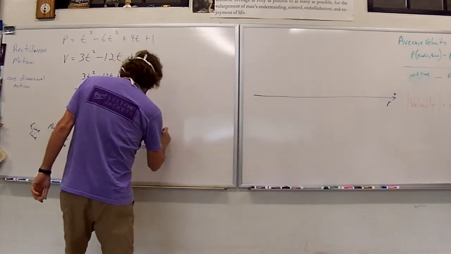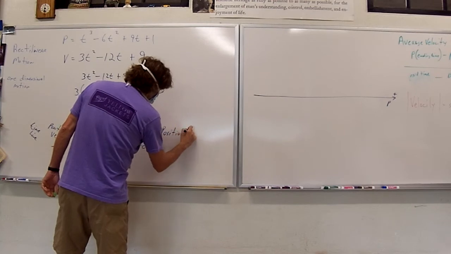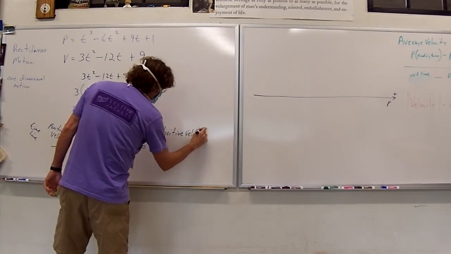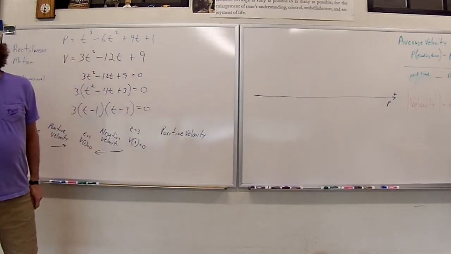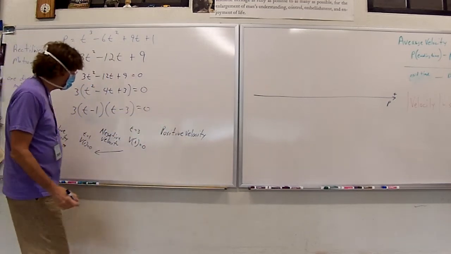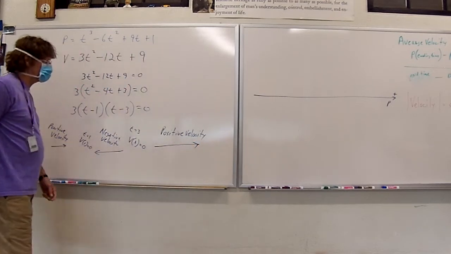I'll be honest, later on I'll probably just put V with a big plus sign by it, or V with a big negative sign, but right now we're writing it out. Which means at t equals 3, it starts going to the right.